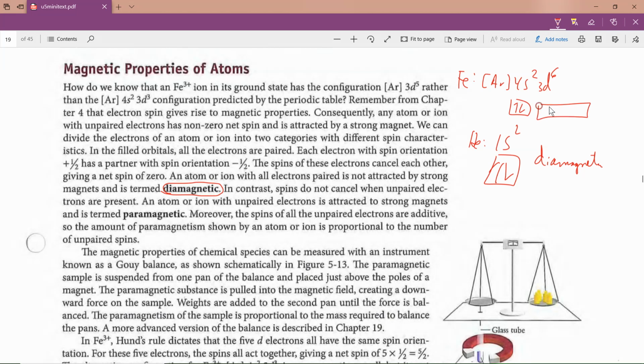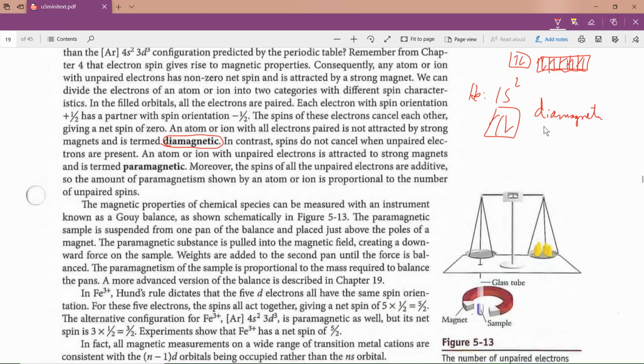And then I'm just writing this here, 3d, 1, 2, 3, 4, 5, 6. So it's got 4 unpaired electrons. That's a lot. So iron is attracted to an external magnetic field. So as long as there's at least one unpaired electron, it's paramagnetic. Otherwise, it's diamagnetic.